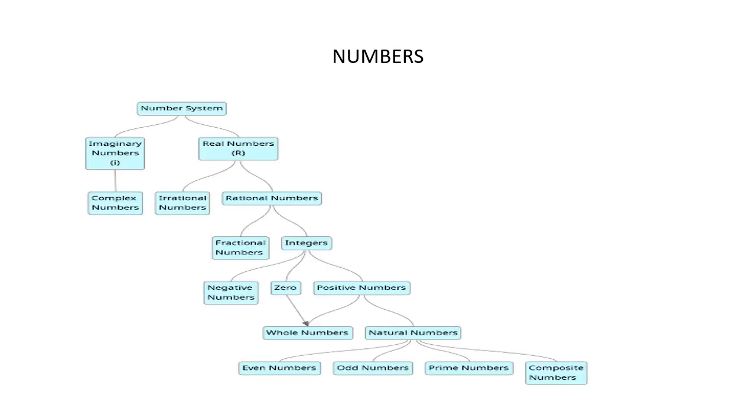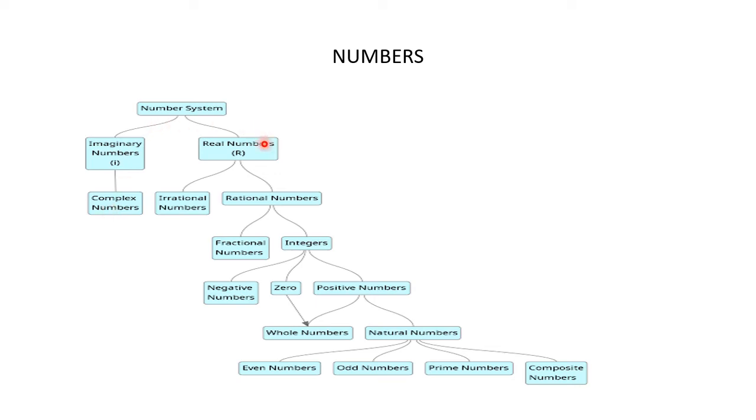Viewers, look at this number chart. This number chart clearly explains the classification of numbers. Look at this and get a recap of all of the definitions of all the different types of numbers. Number system is classified into imaginary numbers and real numbers. Imaginary numbers consist of complex numbers, which will be dealt with later on.